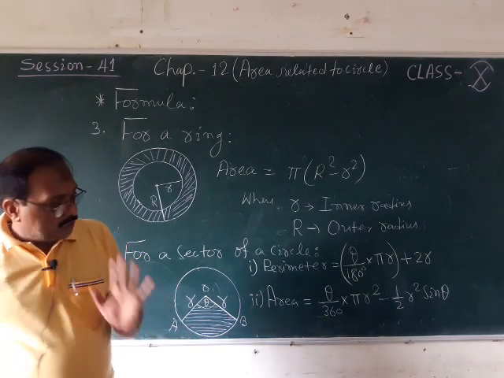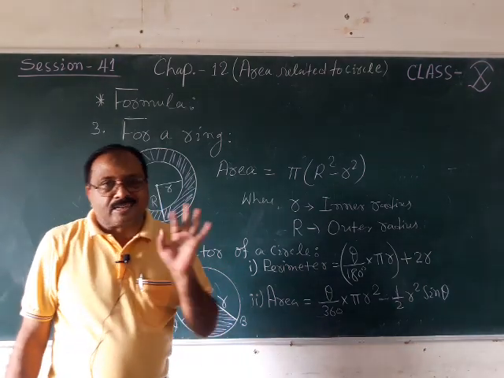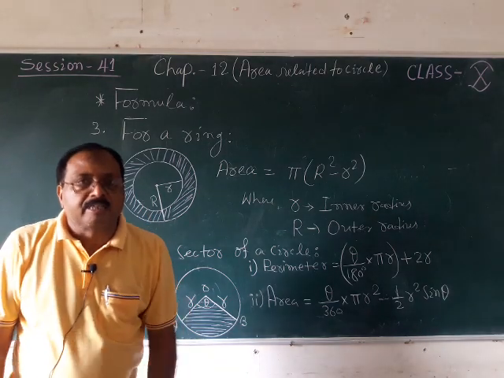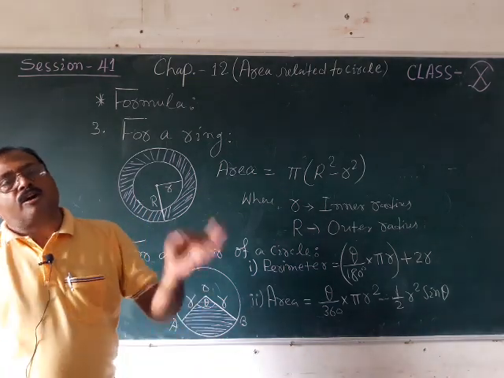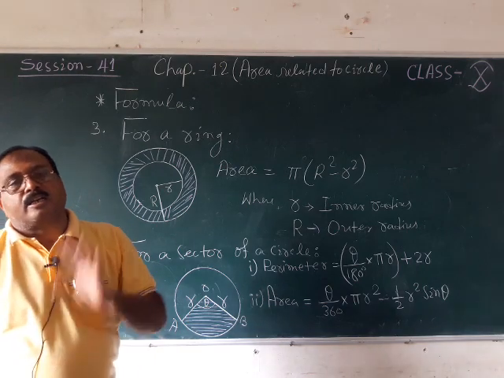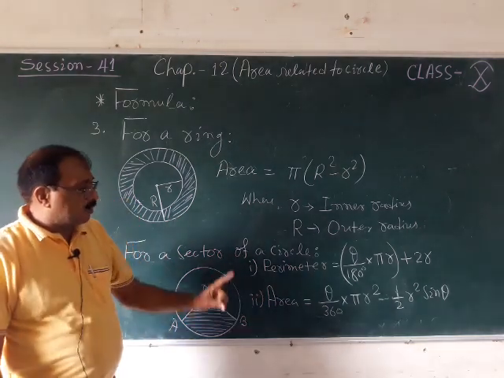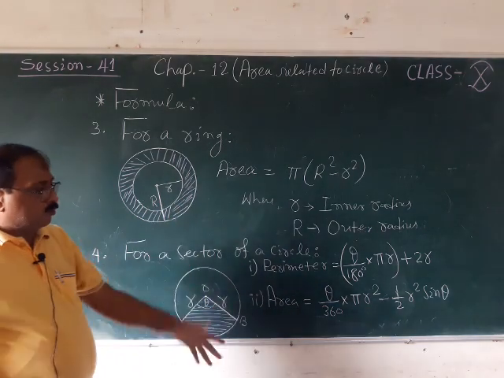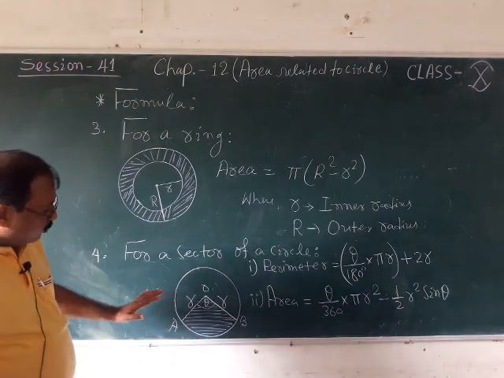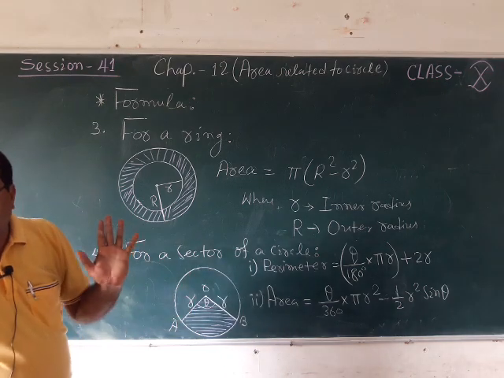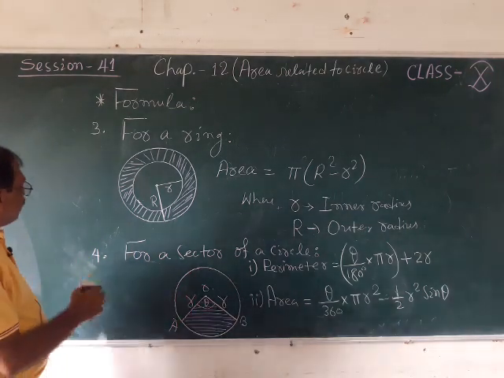This time in the syllabus CBSE has written clearly that the angle theta is a well defined angle, that means 30 degree, 45 degree, 60 degree or 90 degree, so the trigonometrical value chart will help you give the value, and you will be able to find the area of a sector very easily whenever you require it.